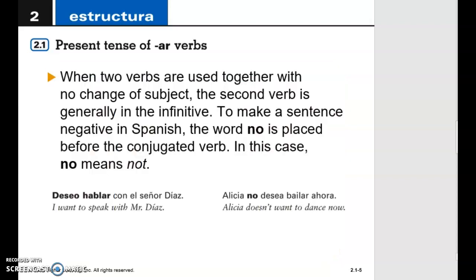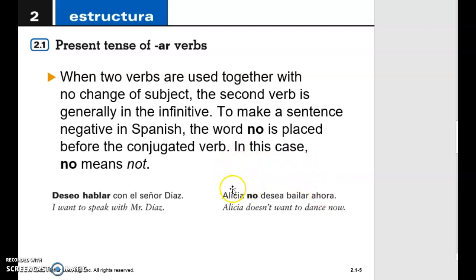Okay? Now, if you want to make this sentence negative, you're going to use no. So just forget about this no for now. And then if we want to make a positive statement, I'm going to say, Alicia desires to dance now. Alicia desea bailar ahora. What about if she doesn't want to?